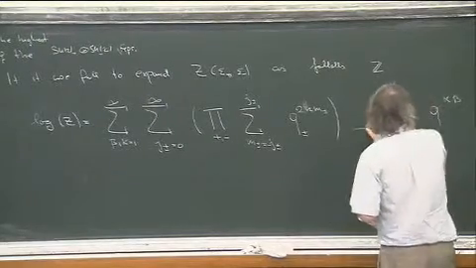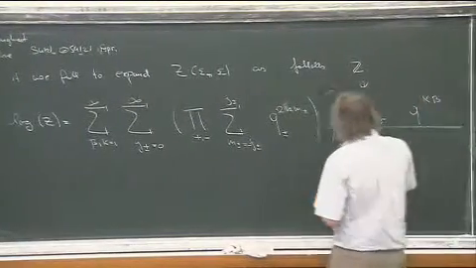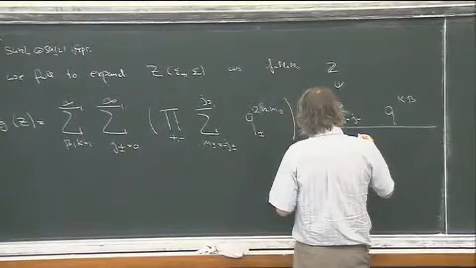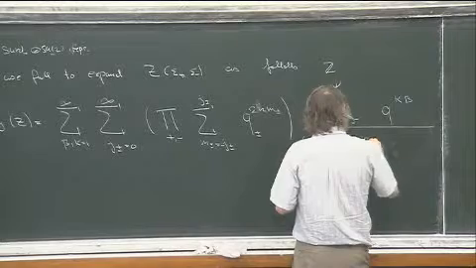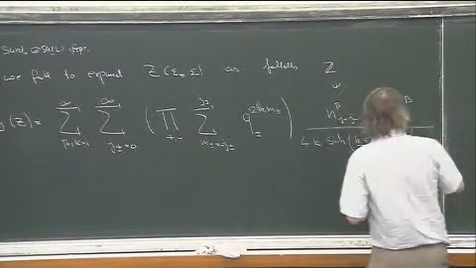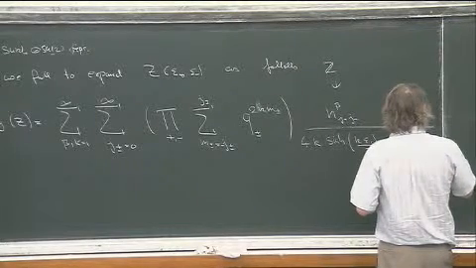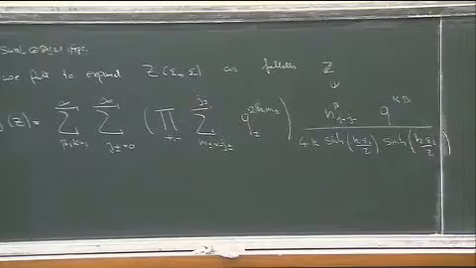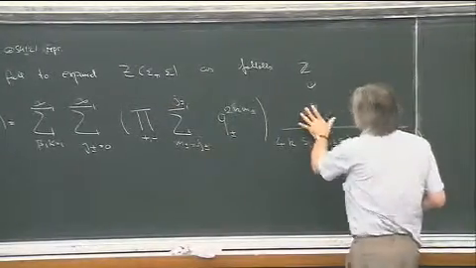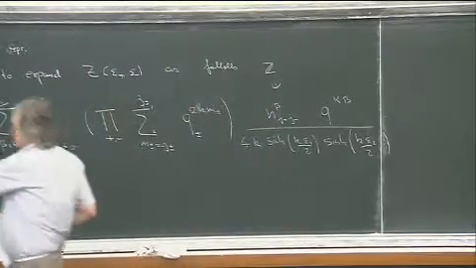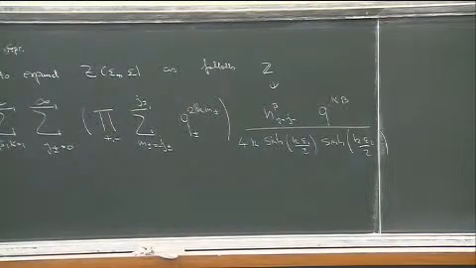And this is written in the following way: k sinh of k epsilon 1 over 2 times sinh of k epsilon 2 over 2. So this is the definition of the extraction of integers once you have this index.